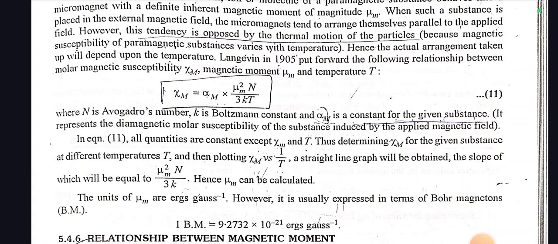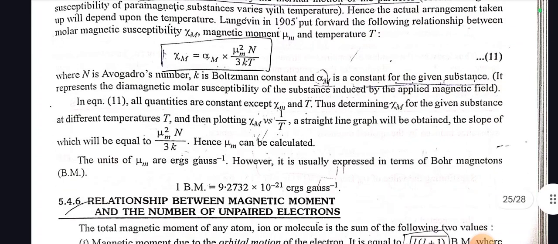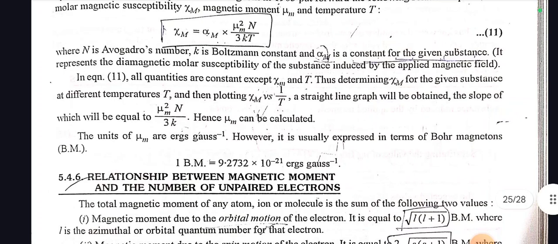Langevin in 1905 put forward the following relationship between molar magnetic susceptibility, magnetic moment, and temperature T. Molar magnetic susceptibility is equal to alpha m into mu square m N upon 3kT, where N is the Avogadro number, k the Boltzmann constant, and alpha m is a constant for the given substance.